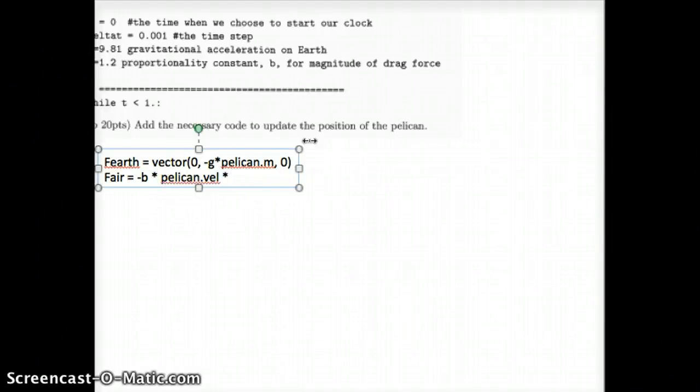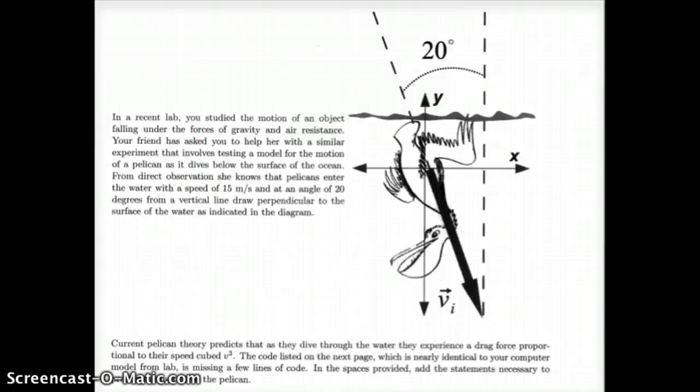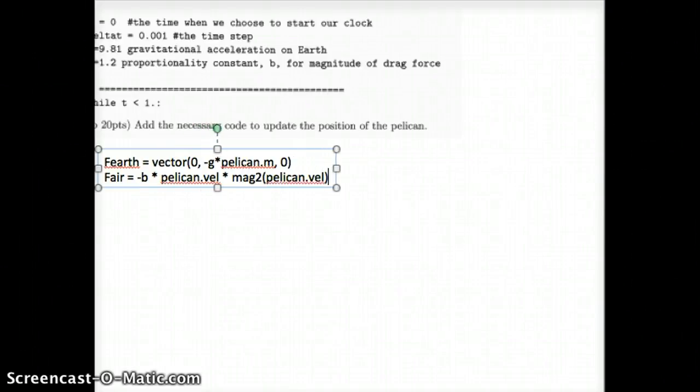And because the drag force is proportional to v cubed, it's the drag force proportionality constant multiplied by the speed cubed. We already multiplied by the velocity, its vector, once. So next time you have to multiply by its magnitude, because you can't multiply two vectors together, or two velocities together for that instance. So mag of pelican.vel.